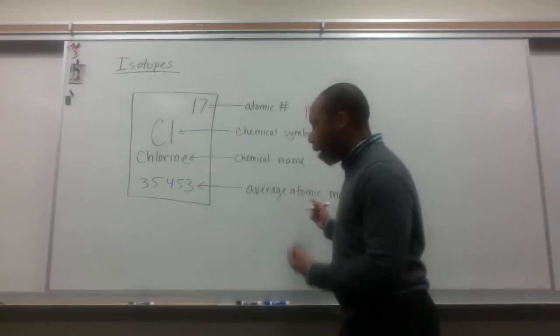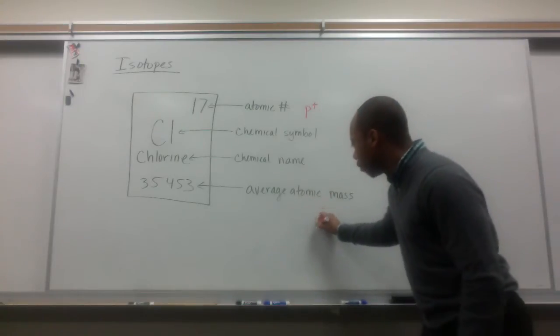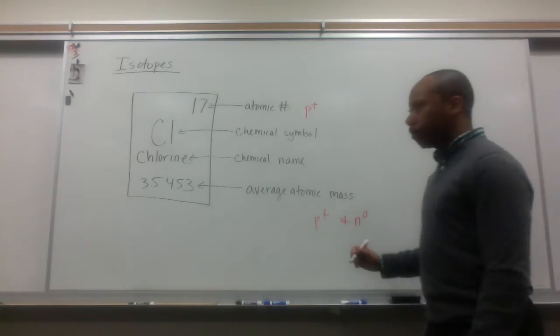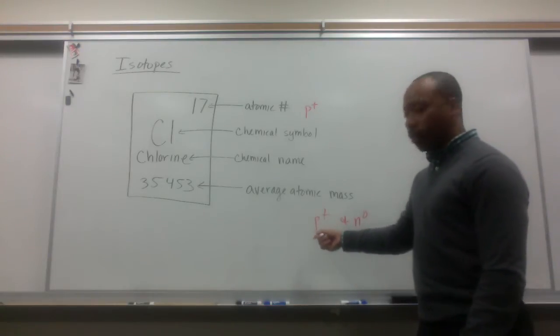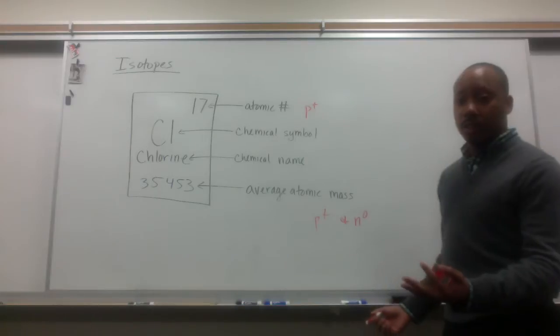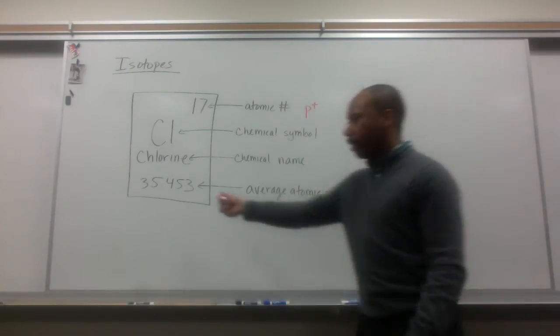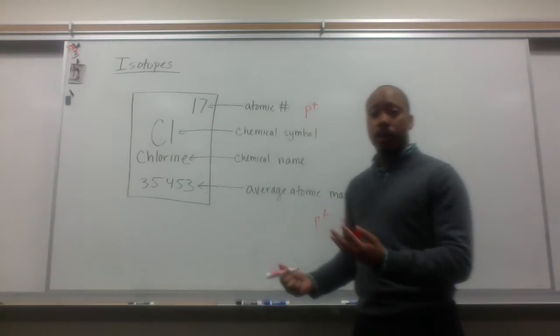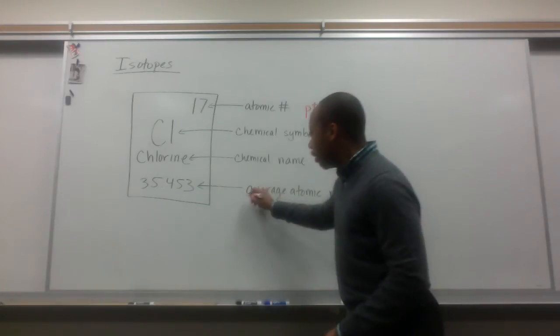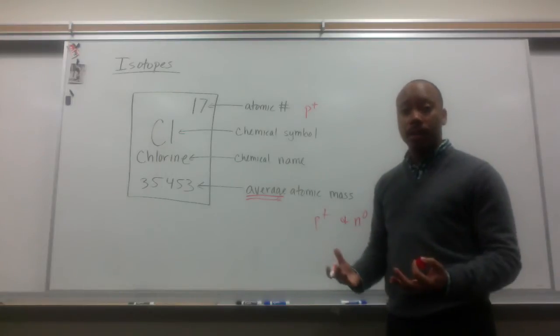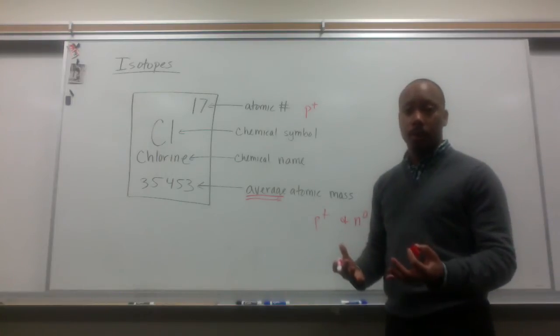If one proton is one atomic mass unit and one neutron is one atomic mass unit, those are whole numbers. How did we get a decimal here? We got a decimal because this is an average atomic mass. An average of what? Well, we'll get to that in just a moment.